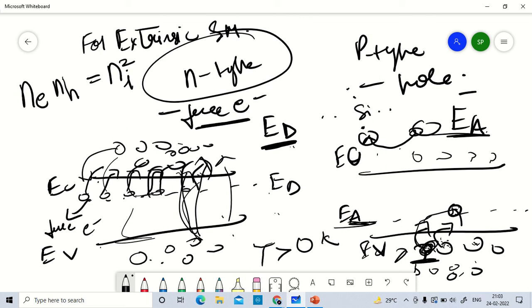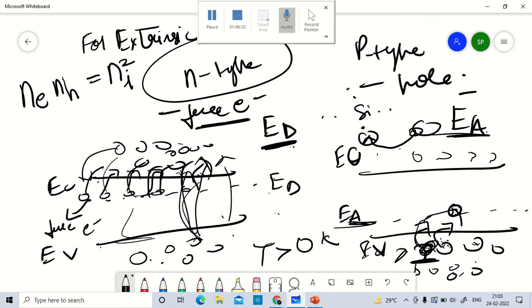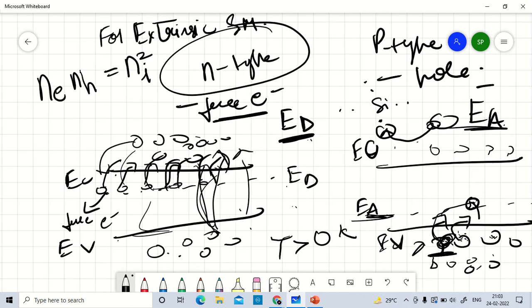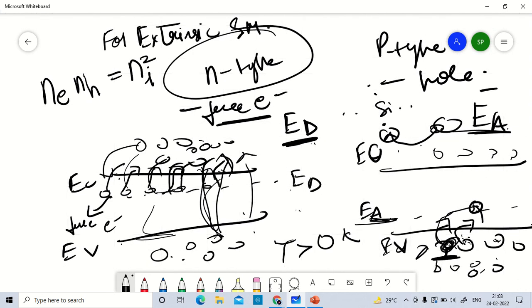Okay, so this was part 1, semiconductors. We completed p-type as well as n-type in extrinsic semiconductors. We did intrinsic semiconductors. We studied the energy bands as well as the introduction of semiconductors.